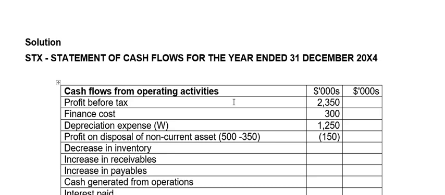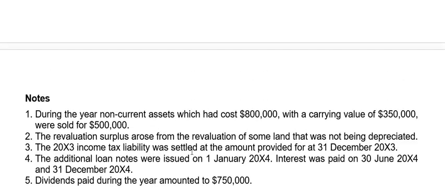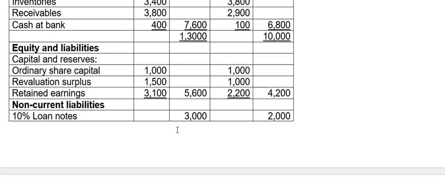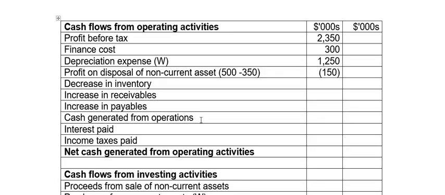Now after these adjustments, look at the changes in working capital. Look at inventory. What happened? Inventories in 2003 were 3,800 and in 2004, 3,400. There's a decrease of 400 in inventories.